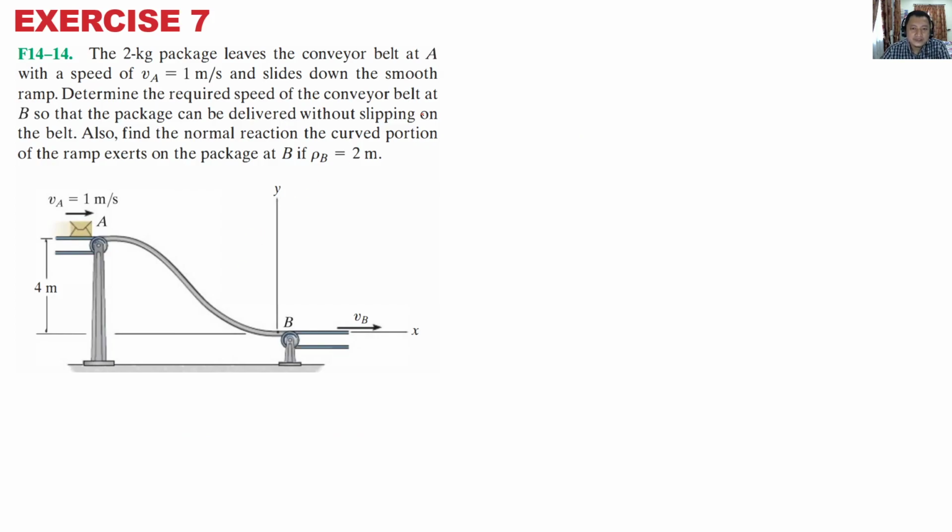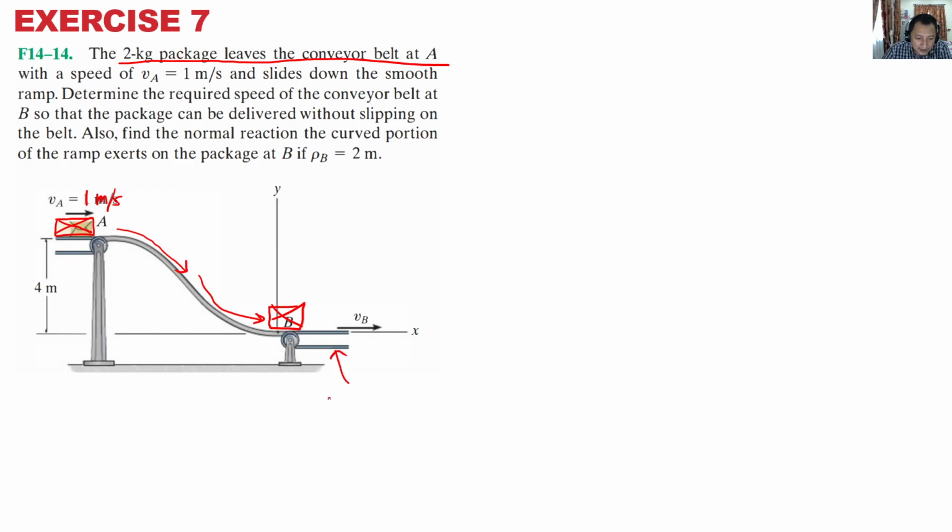Okay, so now it's time for us to do some exercise. So let's read exercise 7. A 2 kilogram package leaves the conveyor belt at A. Okay, this is a conveyor belt. Original velocity is 1 meter per second. This is the original velocity. And then it slides down. So now your package is here.